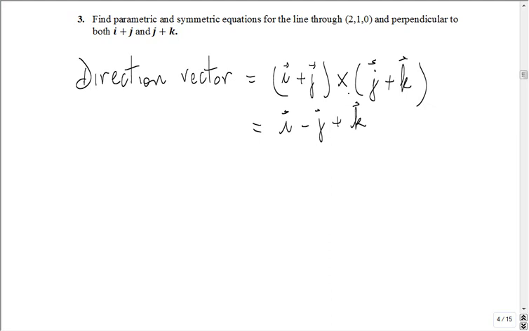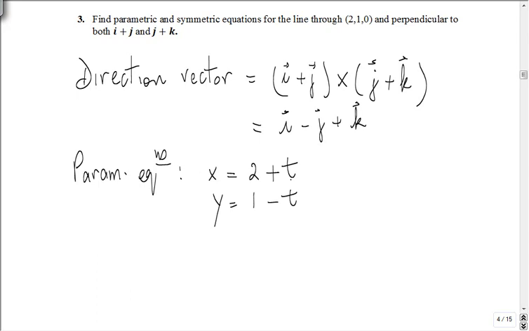We have the point. Let us write out our parametric equations first. So x equals 2 plus t. Y equals 1 minus t. And z equals 0 plus t, z equals t.